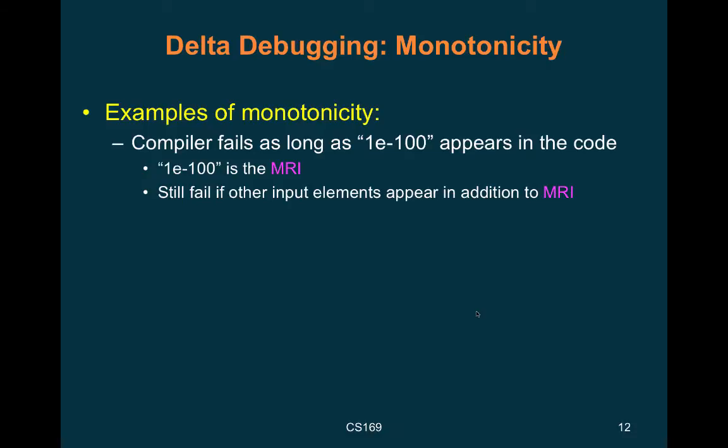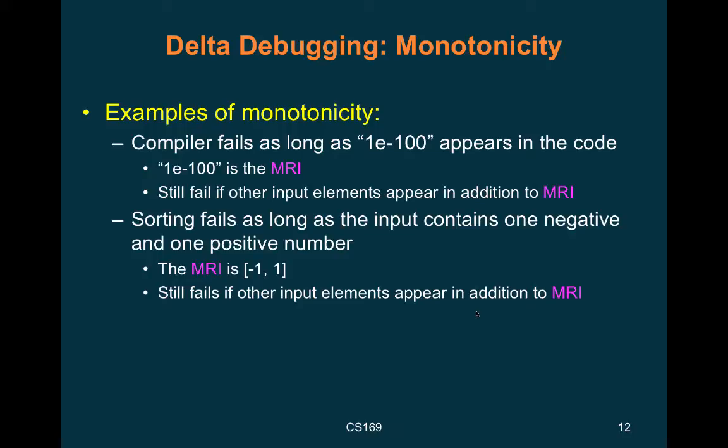Maybe when it tries to convert this to a floating point, there's some code there that makes it crash. But notice, as long as this appears in the code, so this is the MRI, anything that contains this will make it crash. There's no way to add stuff on top of the MRI to hide the failure. That's monotonicity.